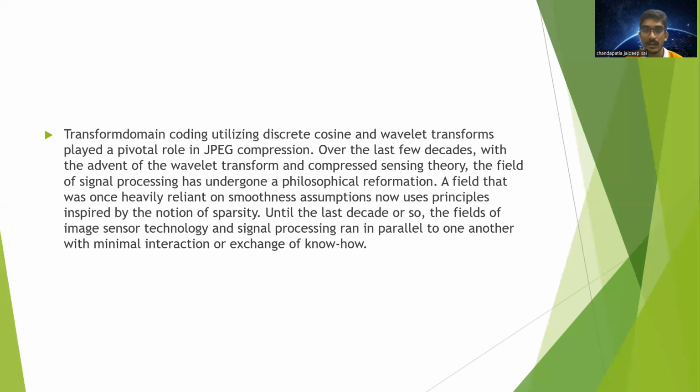Compressed sensing theory and transformations like wavelet transformation were developed, and the field of signal processing has undergone philosophical reformation. Many modifications were made in signal processing, a field that was once heavily reliant on smoothness assumptions.